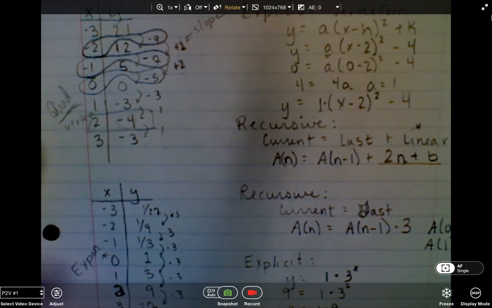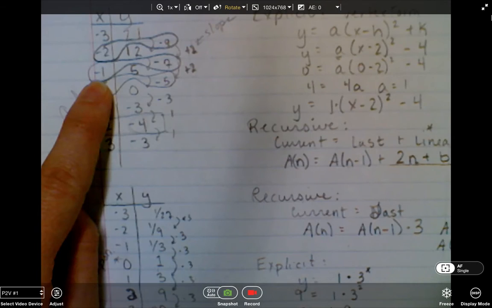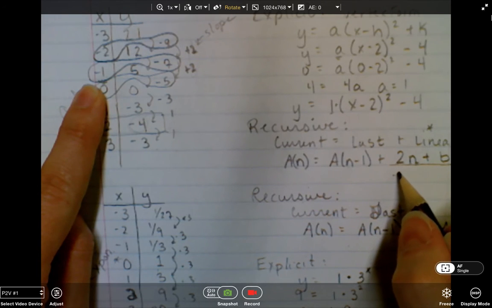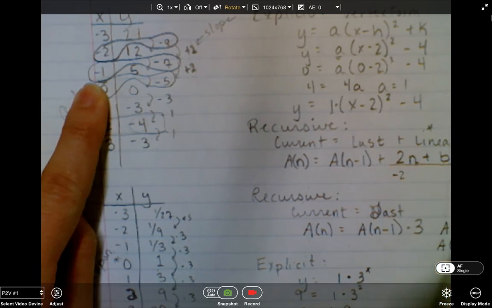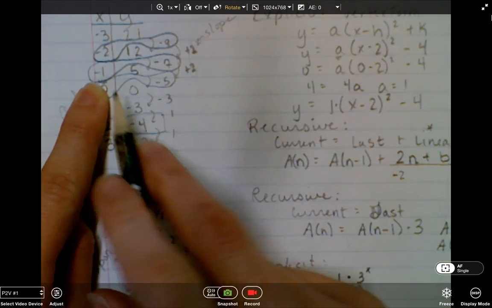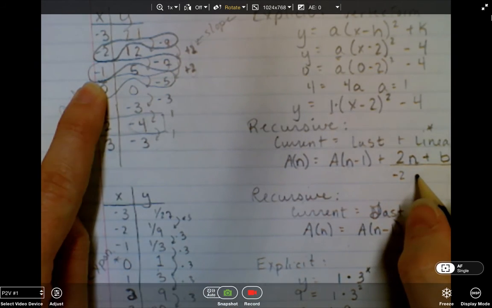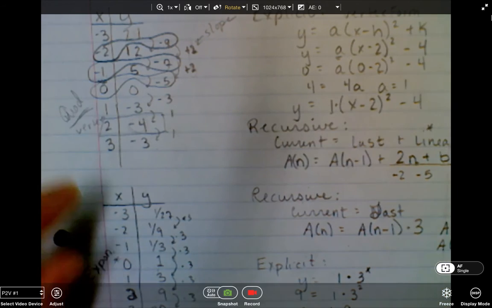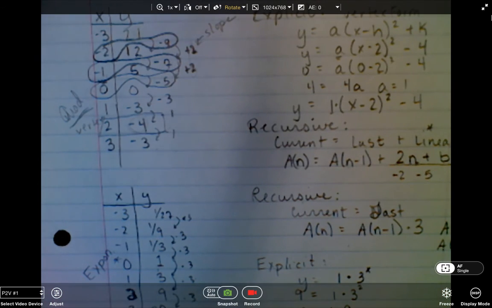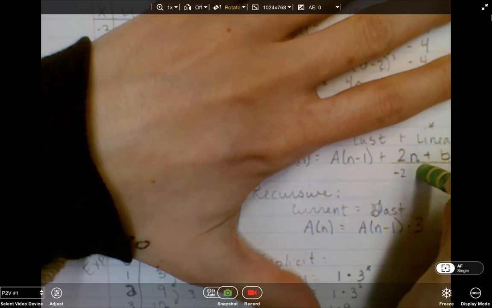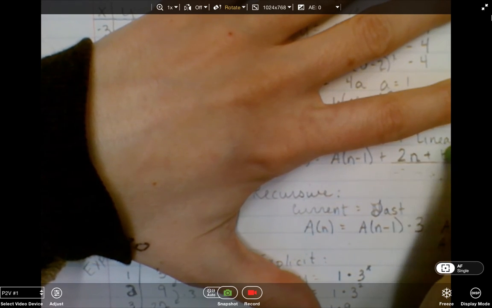So I could just test it if I wanted to. Negative 1 times 2 gives me negative 2. And then what would I have to add to negative 2 to get to negative 7? Well, it would have to be negative 5. So I'm going to make a prediction that my b is negative 5.